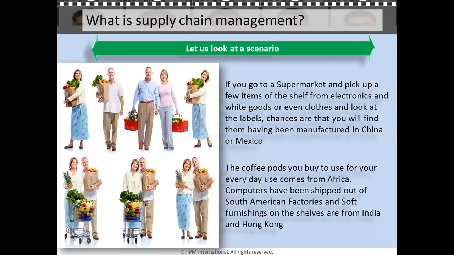The coffee pot you buy for your everyday use comes from Africa. Computers have been shipped out of South American factories and soft furnishings on the shelves from India and Hong Kong.